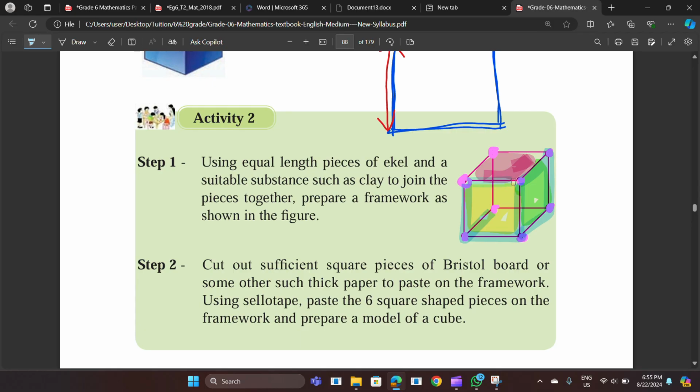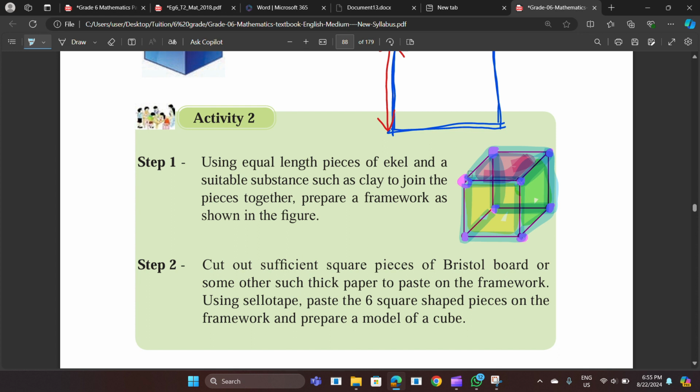The places where two faces connect are called edges. So this cube has 12 edges. You have to remember these things: the number of edges, the number of vertices, the number of faces, and the speciality of the faces.